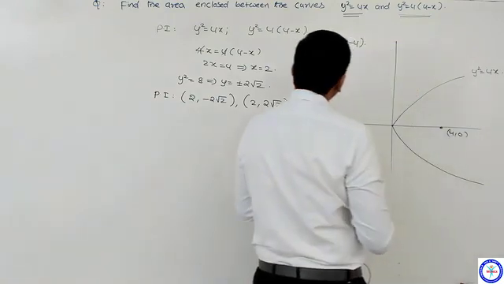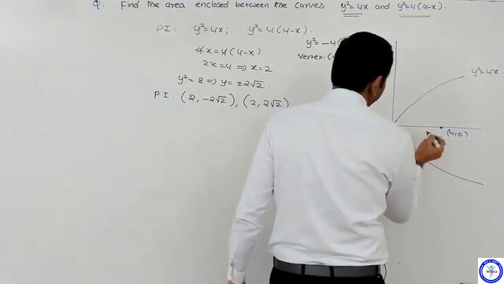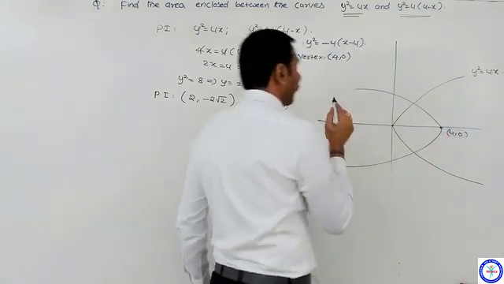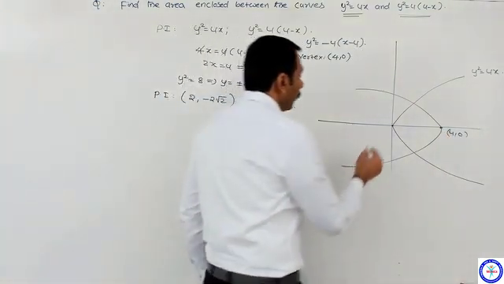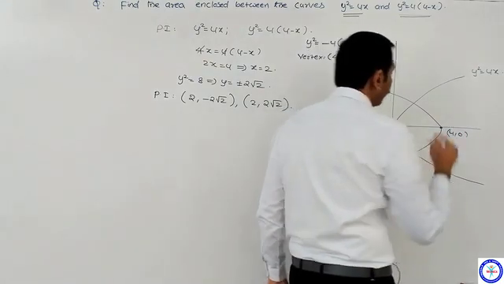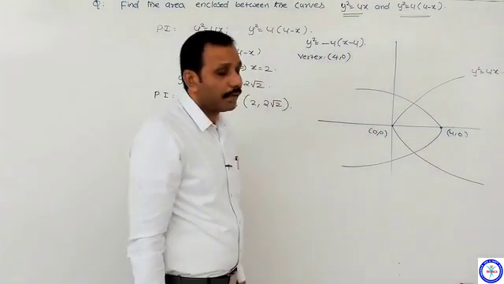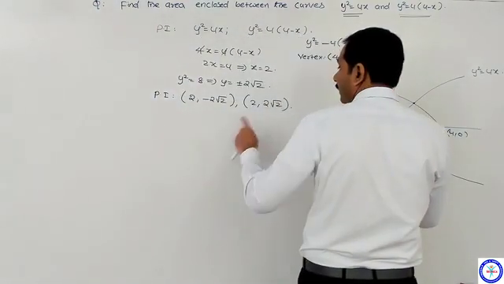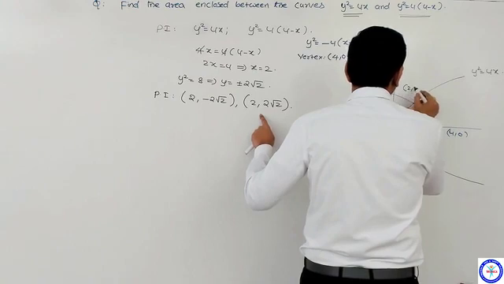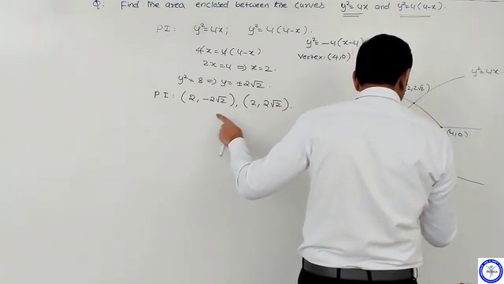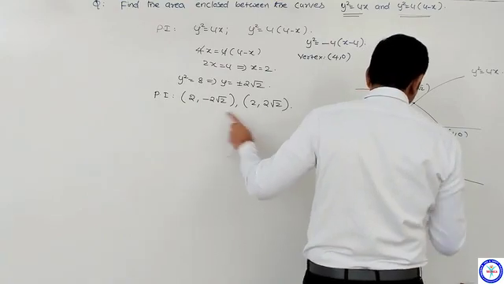Now, graph of this one means open left side. Yes, it is the parabola. What is this point? It is the point 0, 0 and it is 4, 0. Now, what are the point of intersections? You see, this point of intersection is 2, 2 root 2 and this point of intersection is 2, minus 2 root 2.